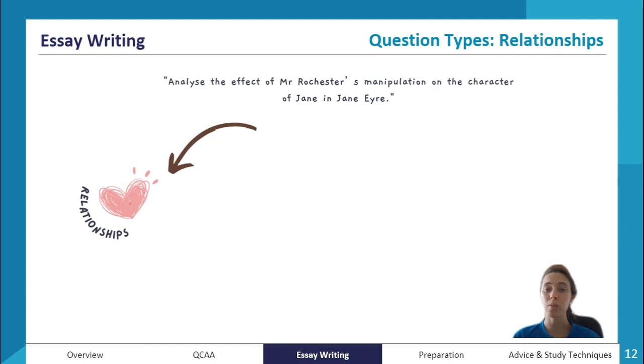Analyze the relationship between characters. It could be one character's effect on the other. It could be the role of one character in making another character do something in particular or think in a certain way, for example. So this is all about those character connections, the relationships between the characters in the text.